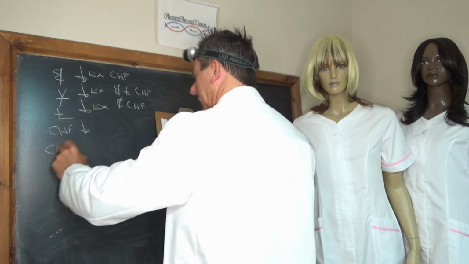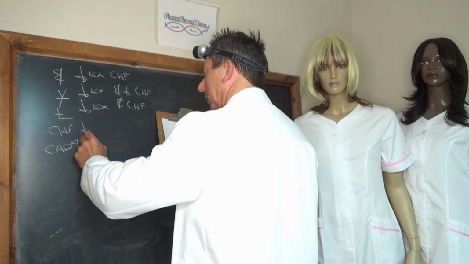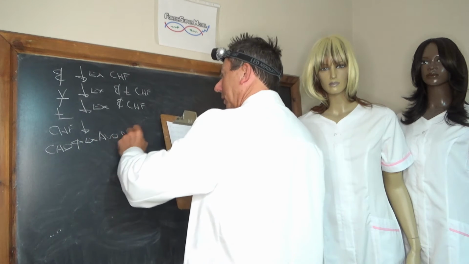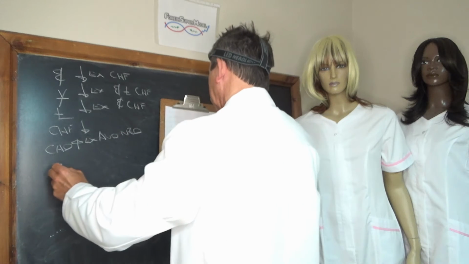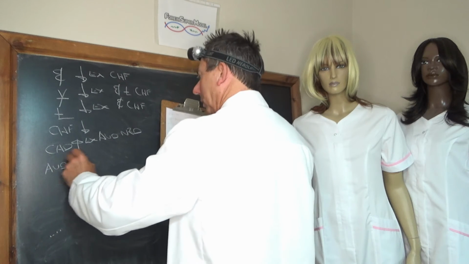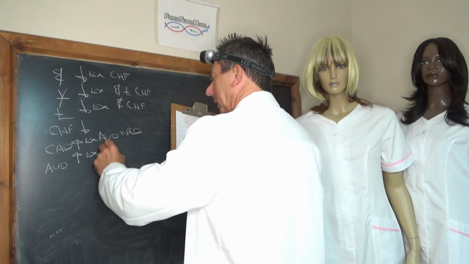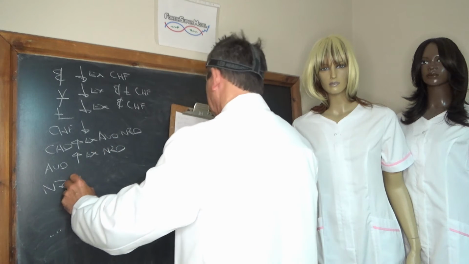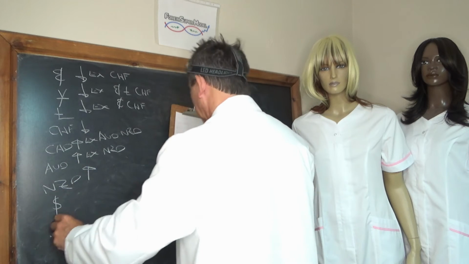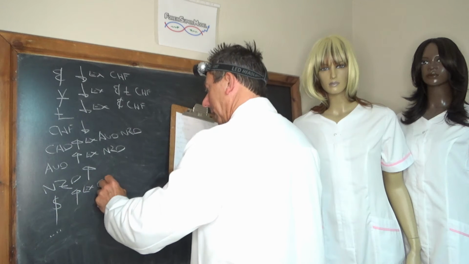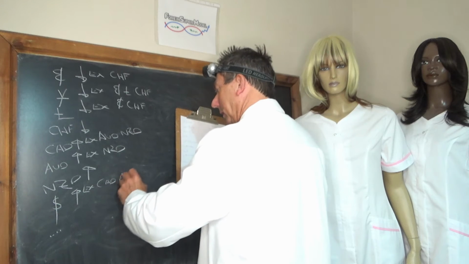The CAD is strong, except against the AUD and the NZD, which are stronger. The AUD is strong, except against the NZD. The NZD is strong across the board, and the dollar is strong, except against the CAD, the AUD and the NZD, commodity currencies.